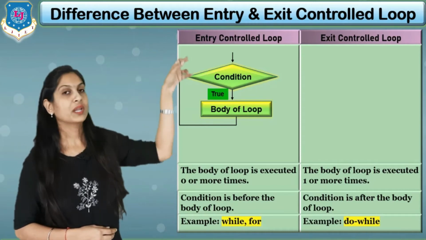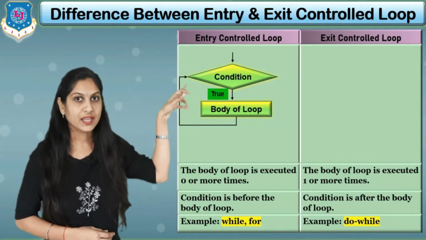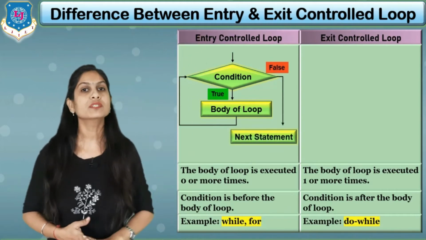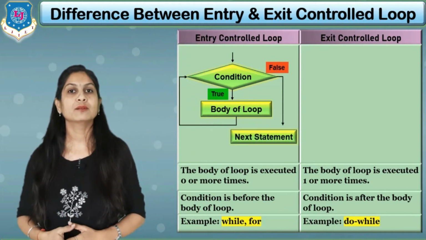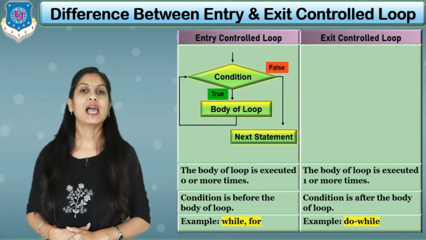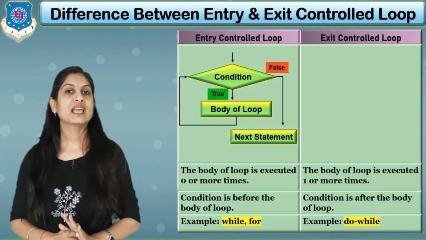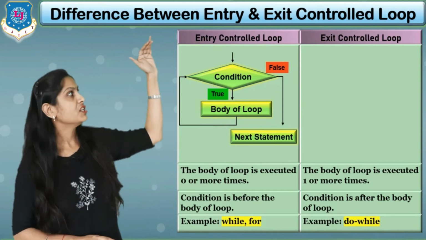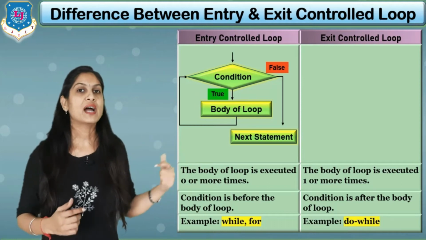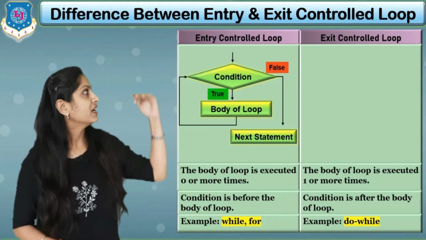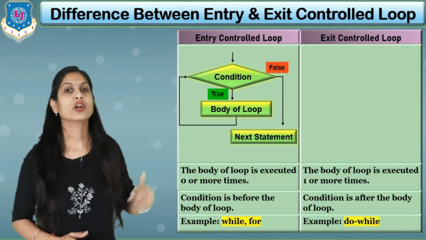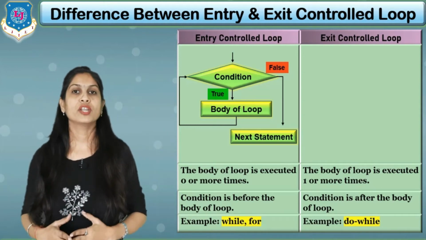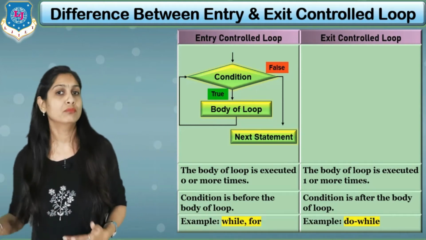We repeat this process again and again until our condition becomes false, and when the condition becomes false, the next statement will be executed. So if our condition is false at the start, the body of the loop is executed 0 times. But if the condition is true, then the body of the loop will be executed more times according to our condition.